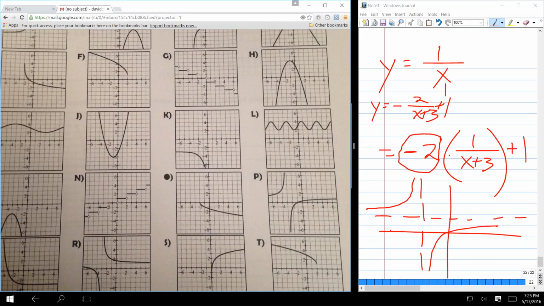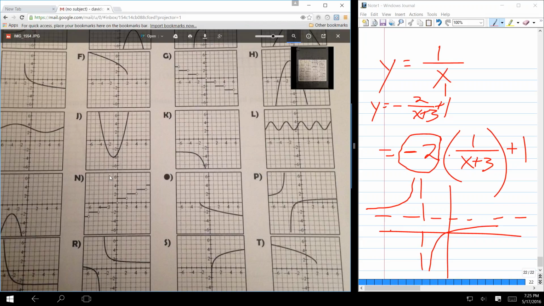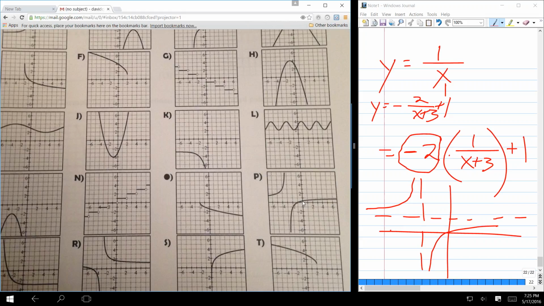So, do 0, it'd be -2/3 plus 1. So it'd be positive 1/3. Okay, and P, yeah, when I'm at 0, it looks exactly to be at 1/3. So P is a winner.